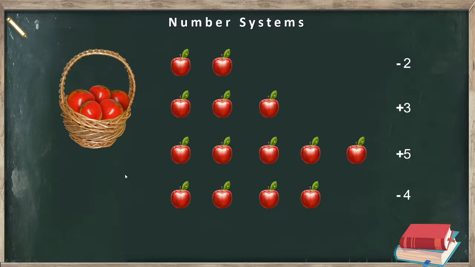Minus 2 plus 3, 1, plus 5, 6, minus 4, 2. 2 plus 5, the answer is 7. So now, because I included these negative numbers, I know that my total answer is 7 apples.